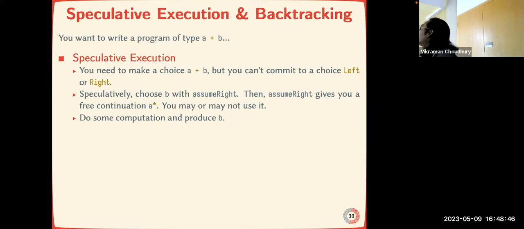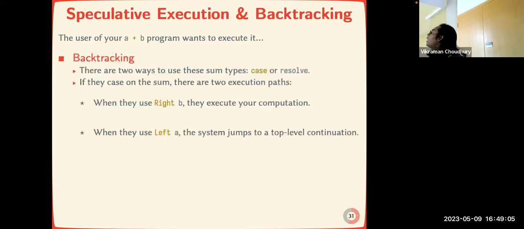You want to produce something of A plus B, but you can't commit to left or right. So you speculatively choose right, you assume right, but you get a free continuation, and now you may or may not use it to do backtracking or just proceed along B. But someone who runs your program can choose to splice in a continuation for A. So if you ever use the continuation for A, that part of the program gets followed.